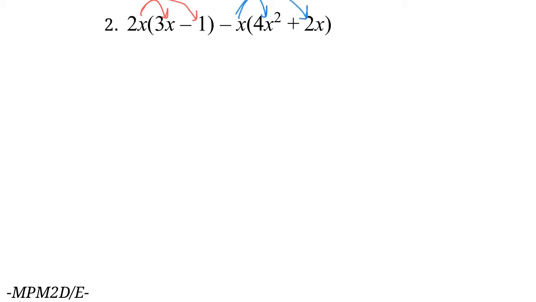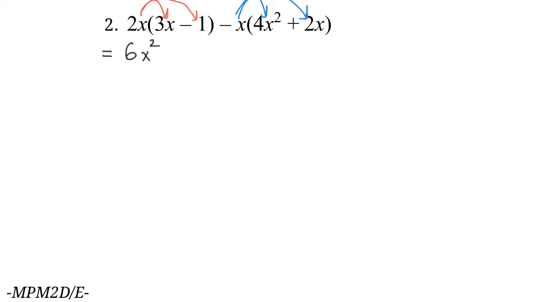Okay, so if we go ahead and start, we've got 2x multiplied by 3x. Well, I know that 2 multiplied by 3 is 6, and x multiplied by x is going to give me x squared. And in case you've forgotten, when you multiply variables, you need to follow the exponent laws. So the rule for multiplication, or the exponent law for multiplication, is that when you multiply variables, you need to add their exponents.